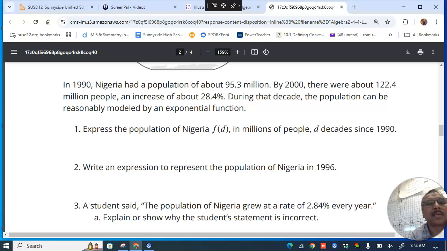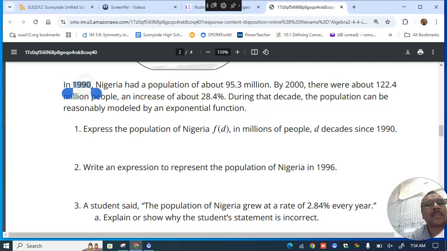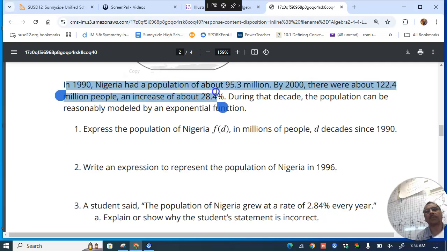Express the population of Nigeria, f(d), in millions of people, d decades since 1990. In 1990, Nigeria had a population of about 95.3 million.